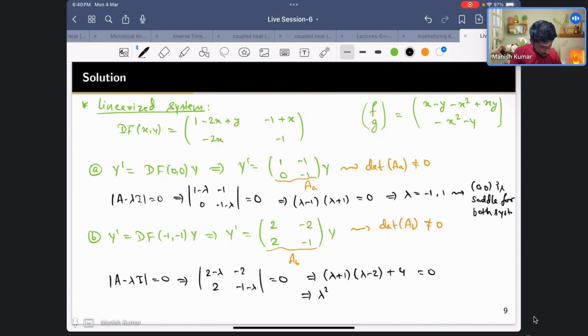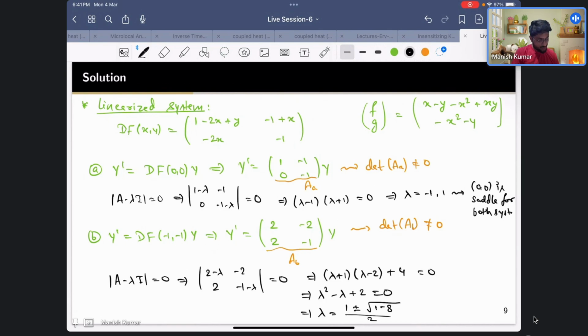So lambda square, then you have plus lambda minus lambda, minus 2 plus 4, which is plus 2. So from here what we get is lambda equals 1 plus minus square root of b square minus 8, by 2.